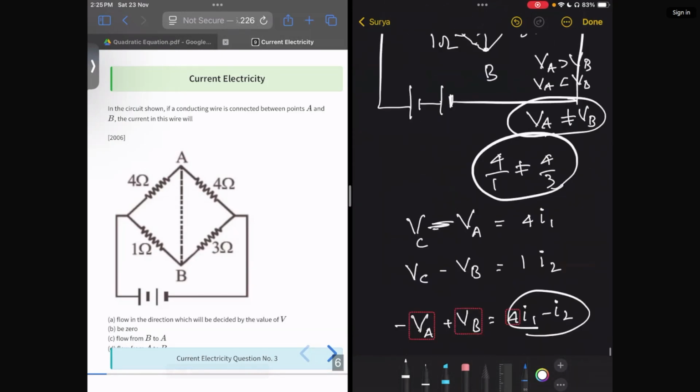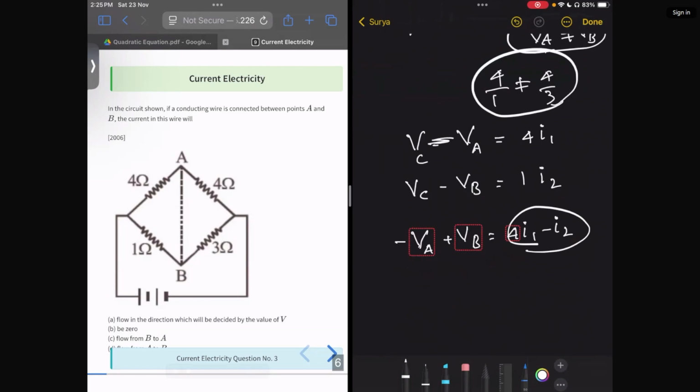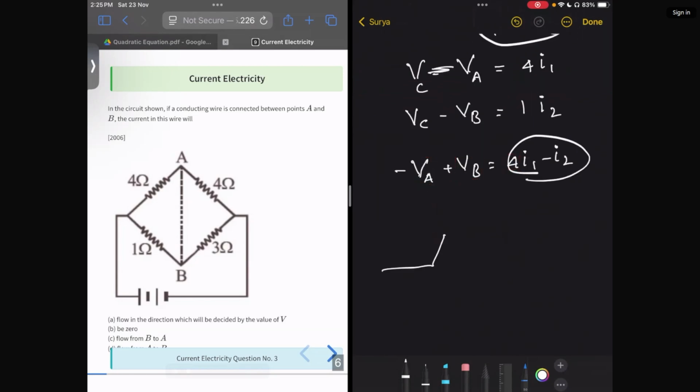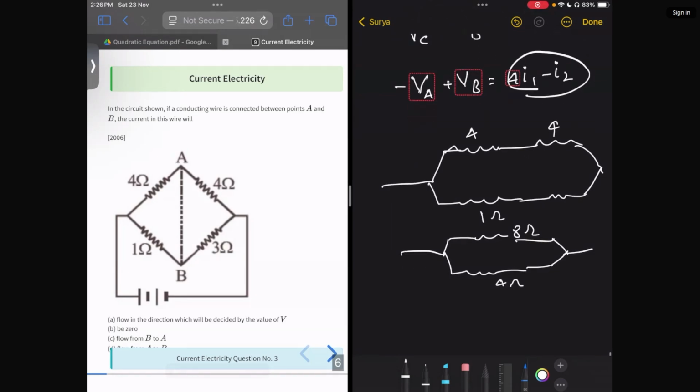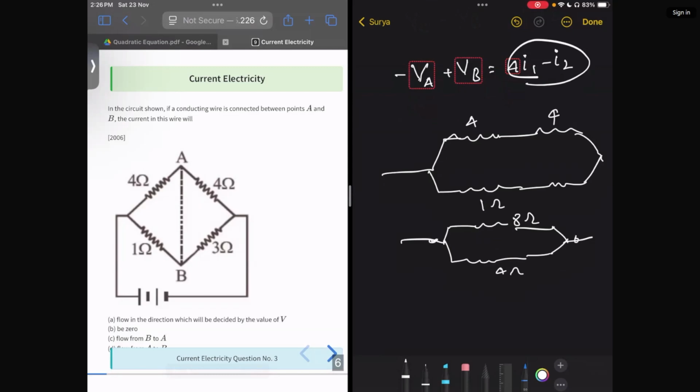You can see these two are in series, 4 and 4, and here these two are in series, 1 and 3. So in total it is 8 ohm resistance here, and here it is 4 ohm resistance, right? When there is equal potential difference, the current divides; where resistance is less, 4 ohms, more current will go there, and here less current will go.